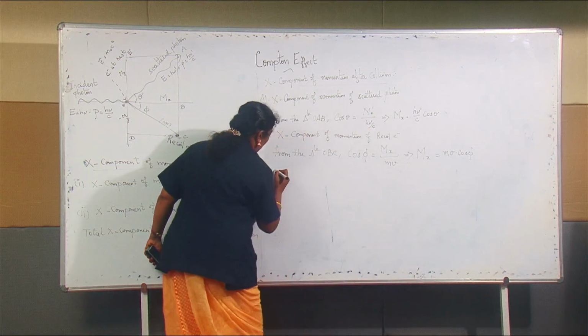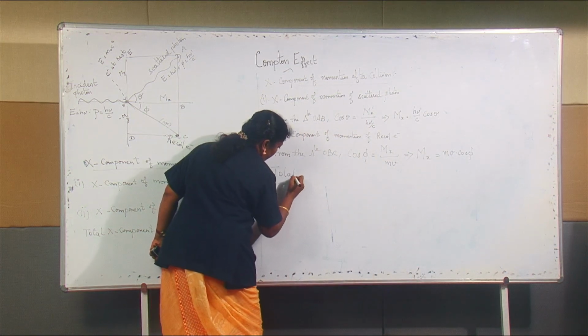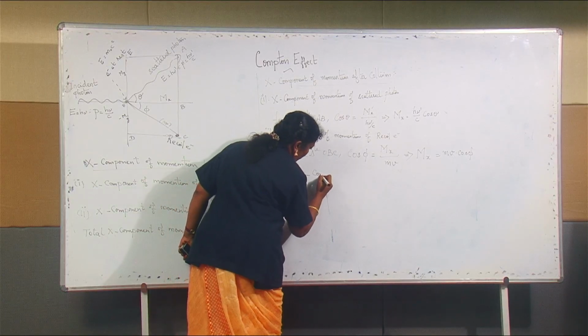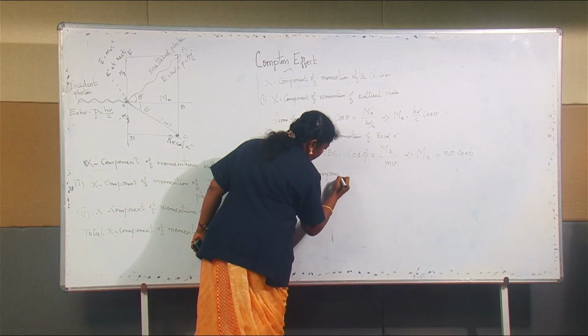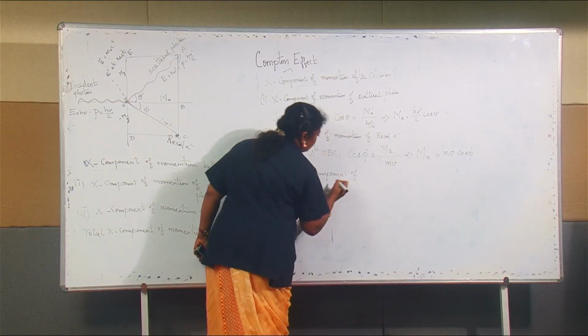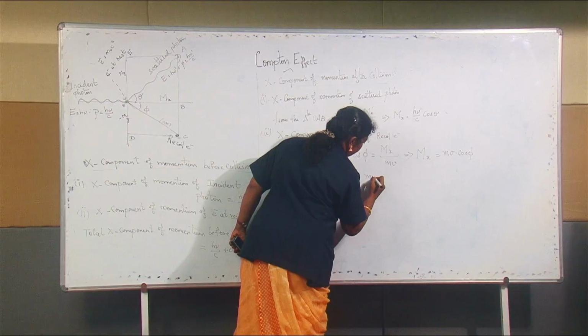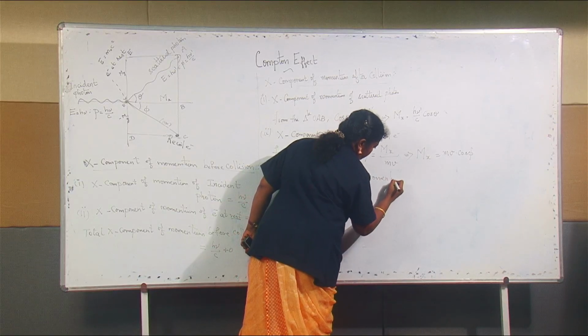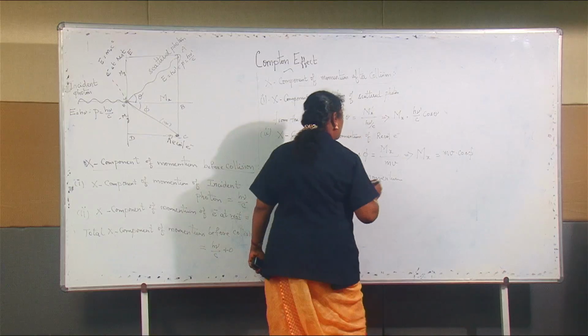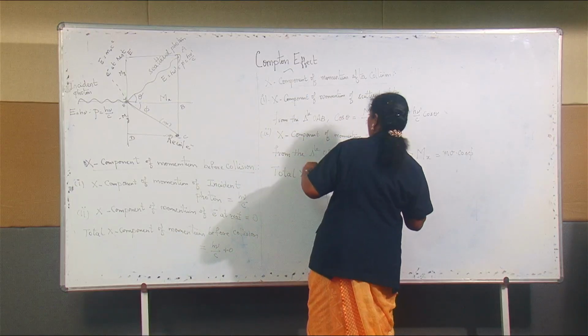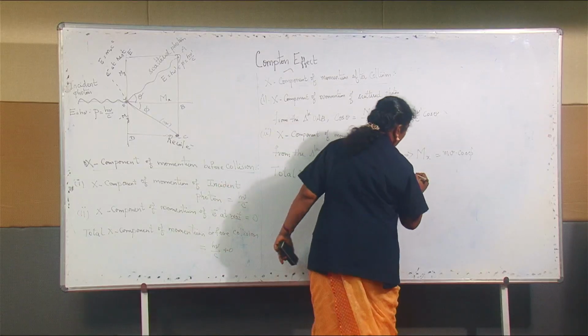Is it right? Now, we can add both. So, the total x component of momentum before collision, and next the after collision.